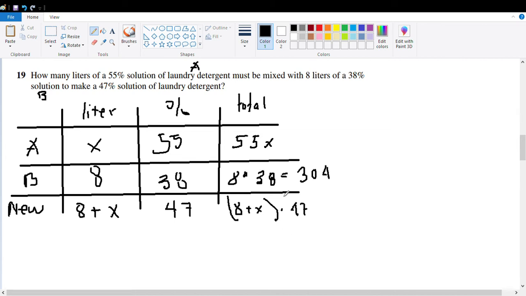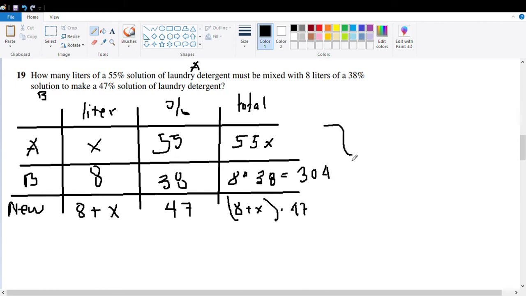So now what do we do? Well, similarly to liters, the total of the new detergent is the sum of 55x plus 304.